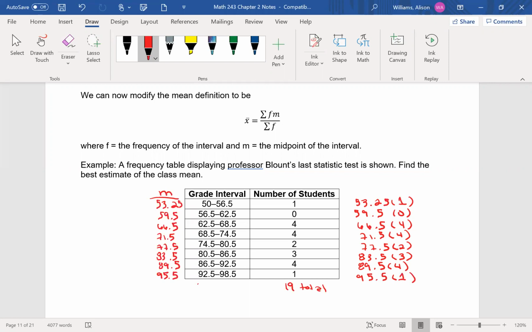So we're going to multiply all of those and add them together, and I'd pause the video and do that really quick.